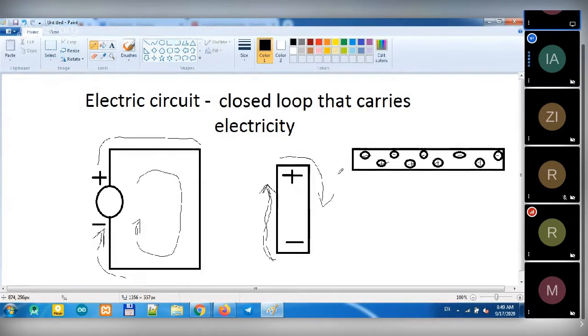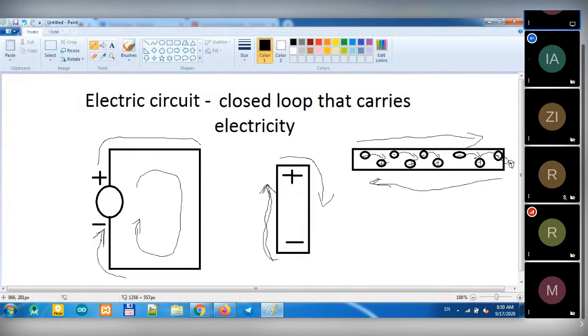So how our electrons move is this one will jump to this positive electron, and this one jumps there, this one jumps here, and this one jumps here. There's another positive, right? So the negative is going this way and the positive is going that way.